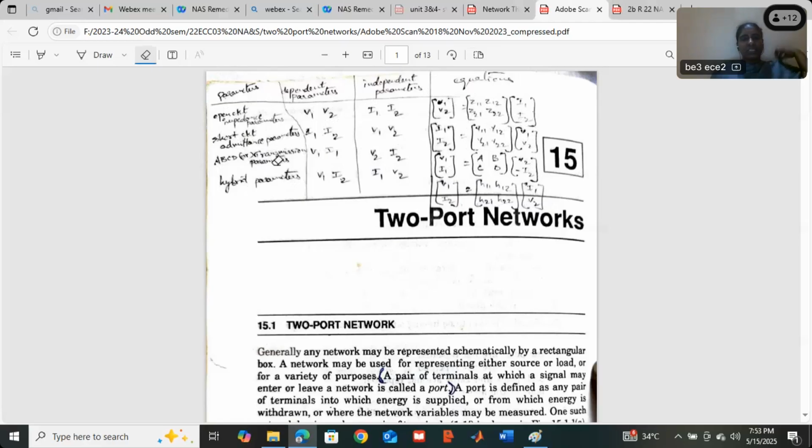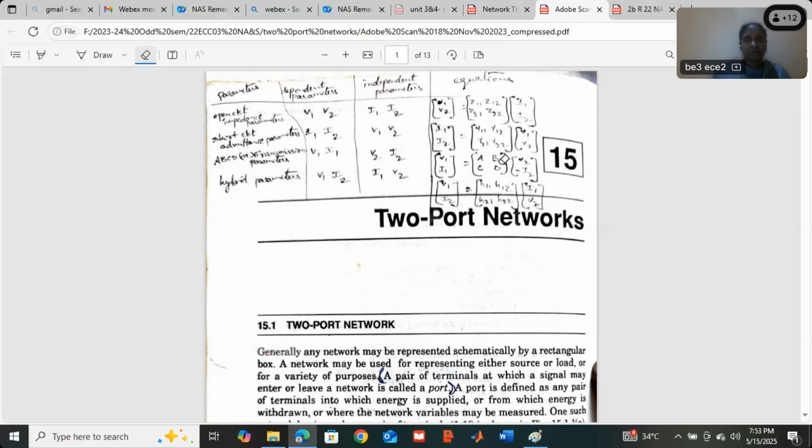Next, the third one is transmission parameters. You see the matrix form. You will have two equations: one for V1 equals, the second for I1 equals. V1 equals row into column: A into V2, and the second term has a minus sign because I2 is negative, so minus B into I2.